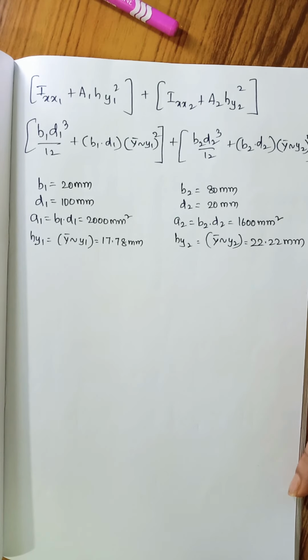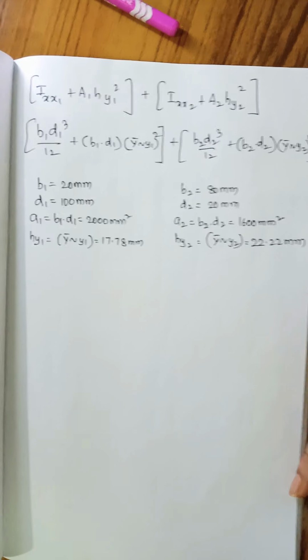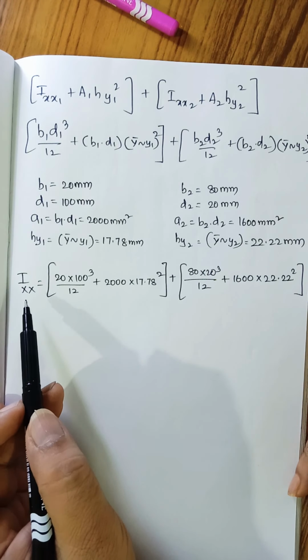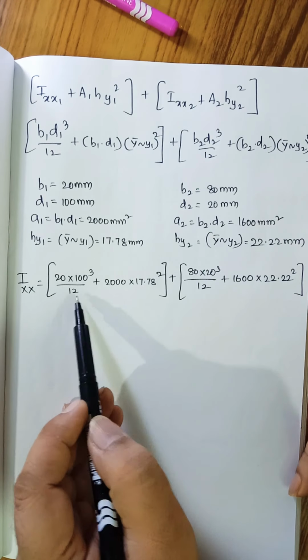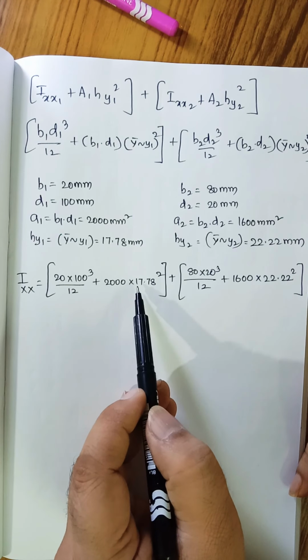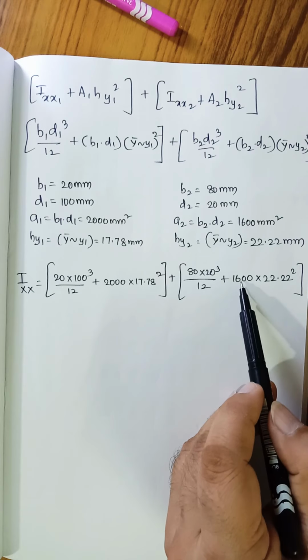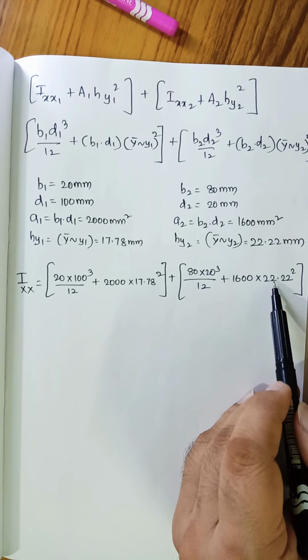Now substituting all the values in the formula given above, we get Ixx, the moment of inertia with respect to the centroidal x-axis, which is equal to b1 d1 cube divided by 12 plus area a1 multiplied by hy1 square, and b2 d2 cube divided by 12 plus a2 multiplied by hy2 square.